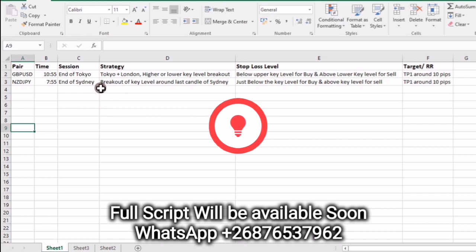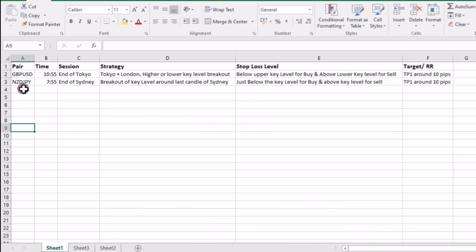So what I do is this. Let us just take NZDJPY. This is what guides me to remember the things that I should use or how I should trade. So NZDJPY, I trade that one at 7:55, around this time.